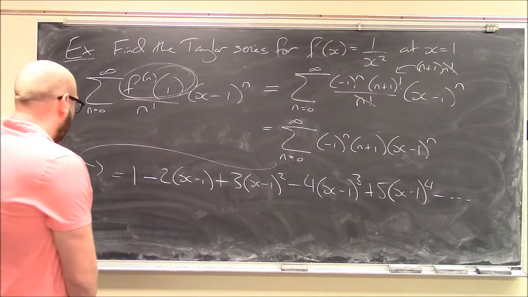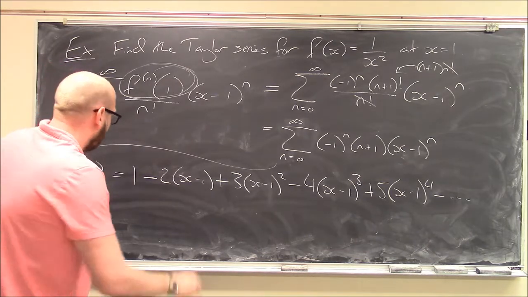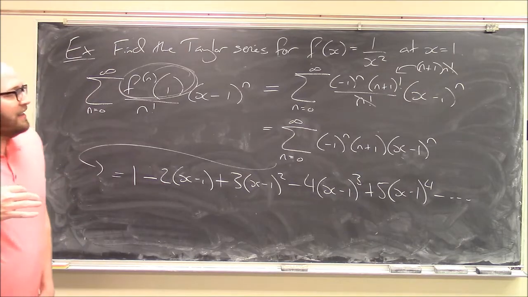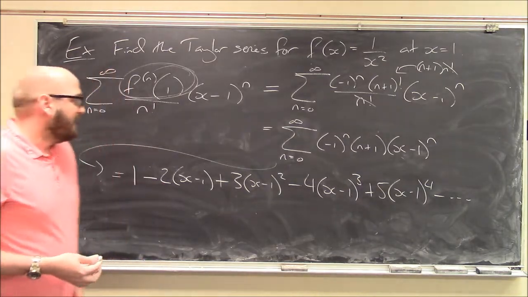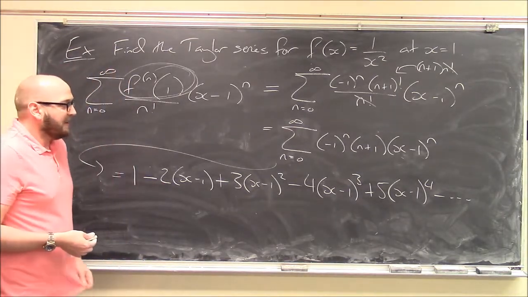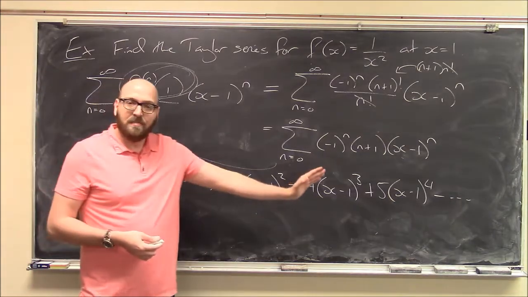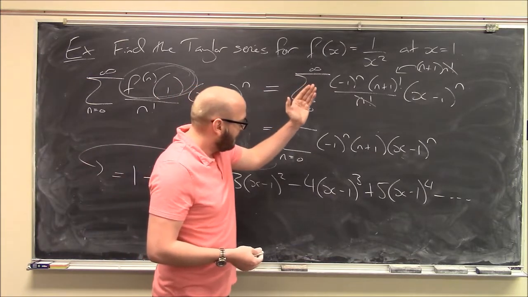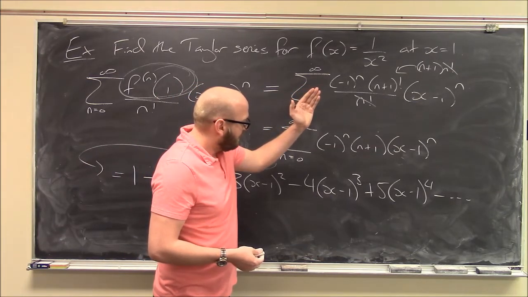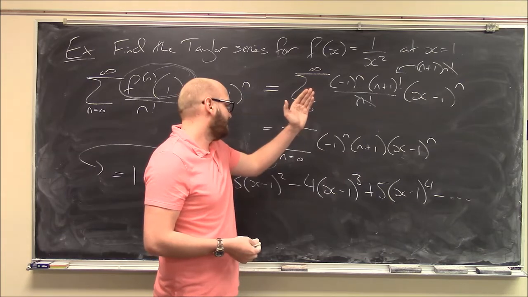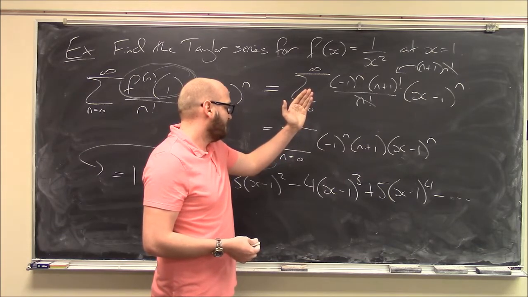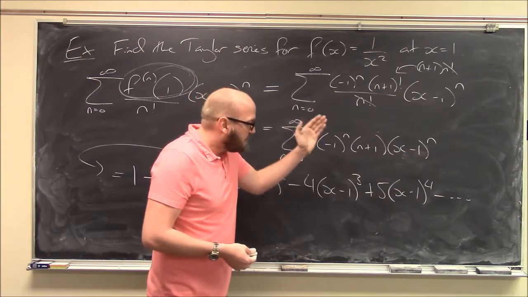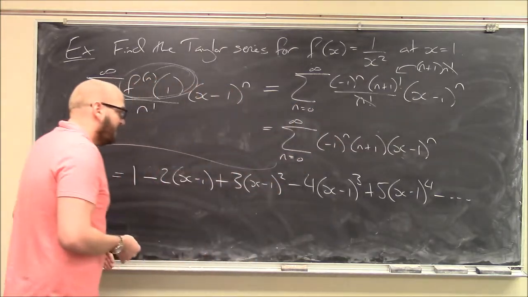Now what I want to do is introduce another expression, which is the nth order Taylor polynomial. And the nth order Taylor polynomial is just the Taylor series, but truncated after the nth power of x. Right?